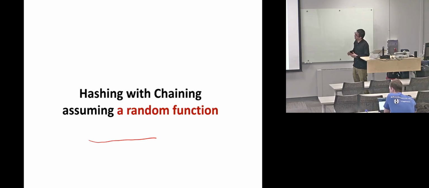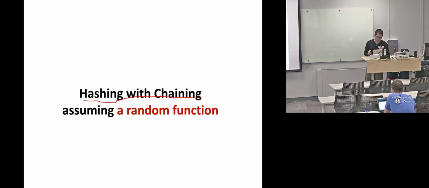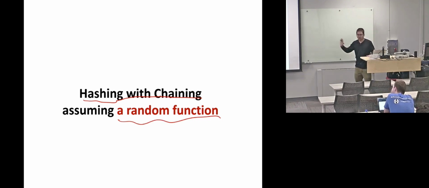So now we're going to use some randomization to get some improvement over binary search trees. The idea is called hashing with chaining. We're going to assume a random function. Note again, a random function is going to be useful for designing things, but it's not going to be efficient yet.